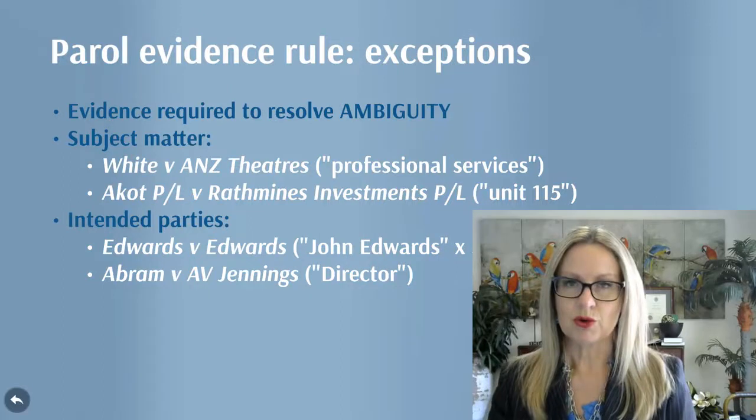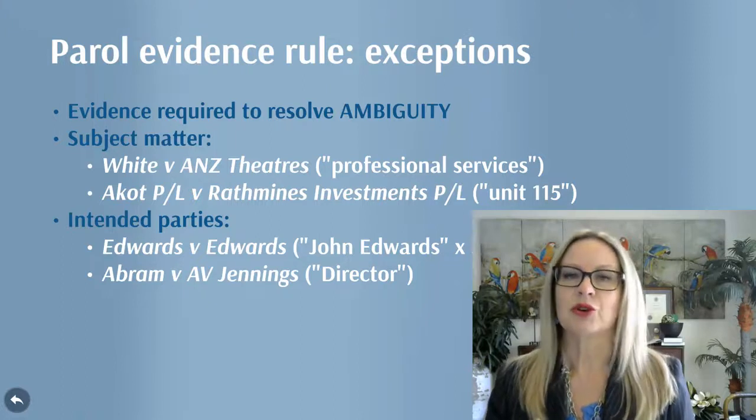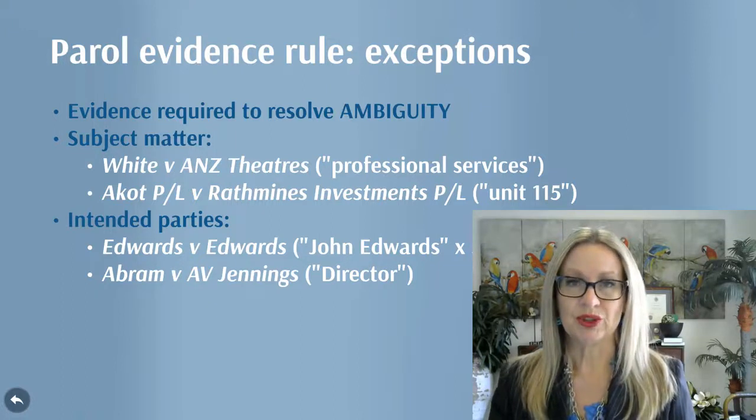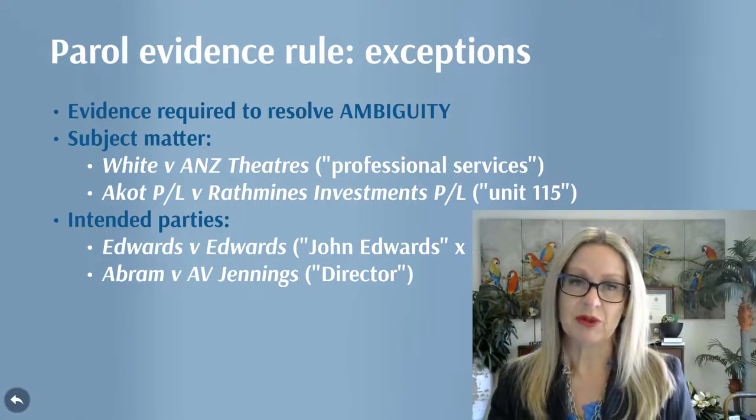So you're not going to find the court applying the parole evidence rule to lock the parties down to the four corners of their document if the document is unclear as to really important stuff, like one of the big 3 Ps, so the property or the subject matter of the contract. If there's ambiguity there, more than likely you can introduce extrinsic evidence to clear up the problem.